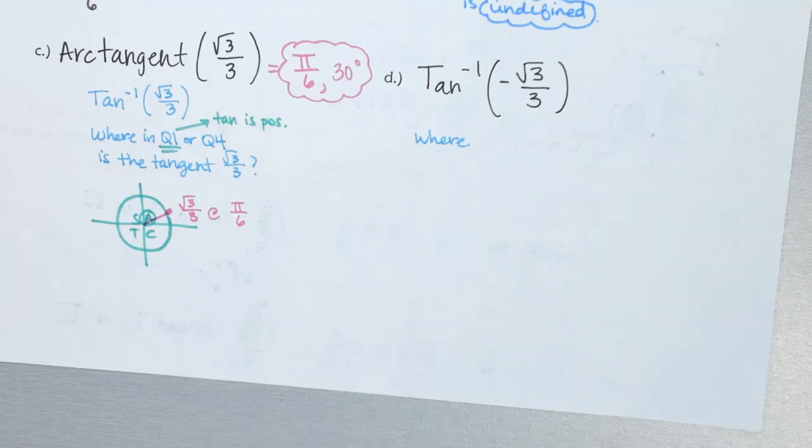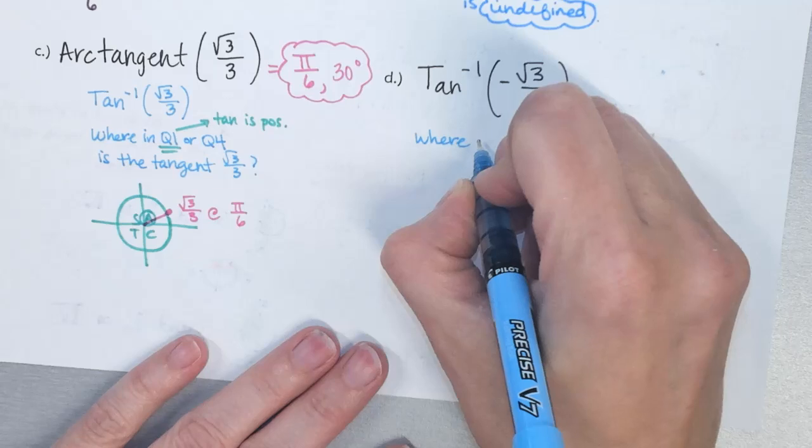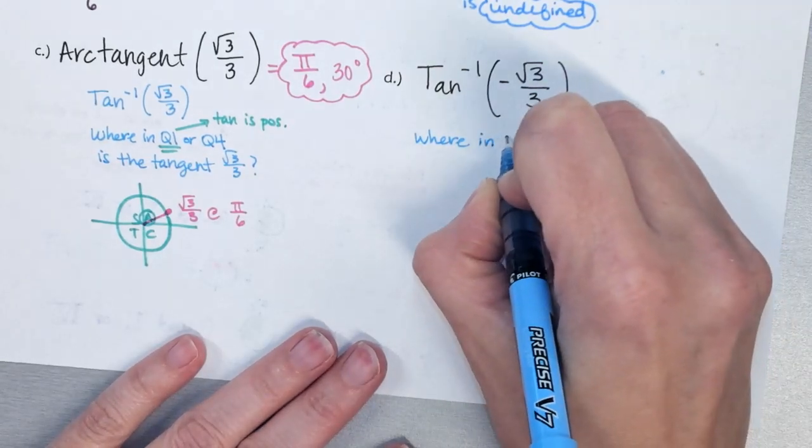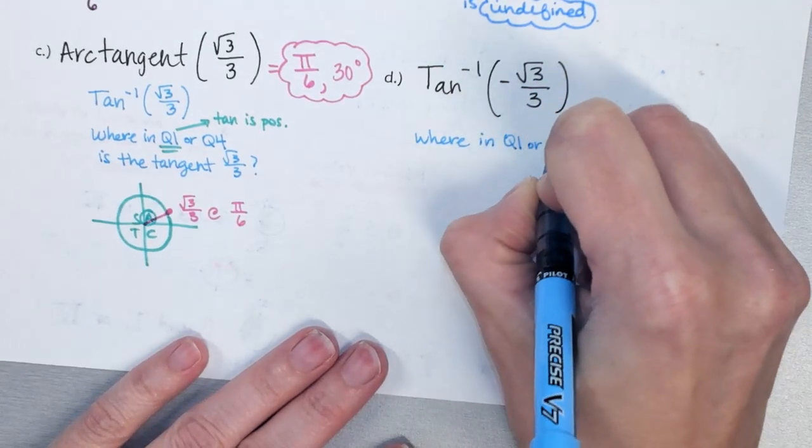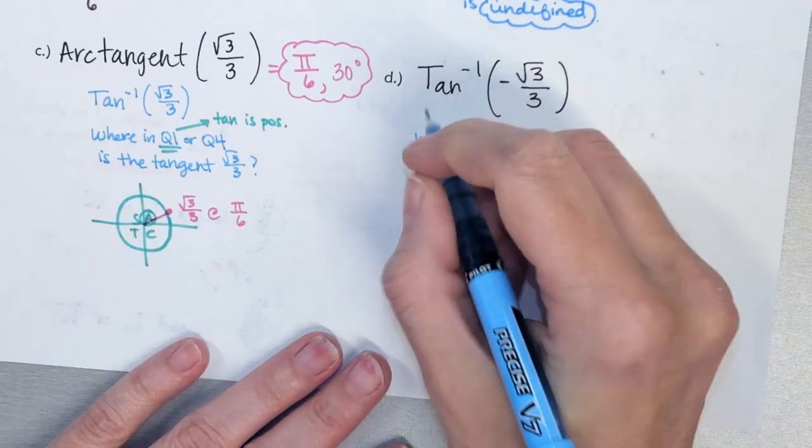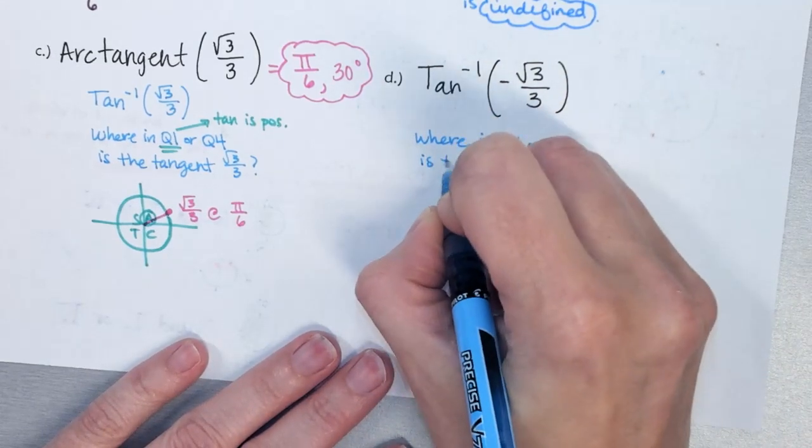Okay, so your question should be where in what? Yes, where in quadrant 1 is the tangent negative root 3 over 3.